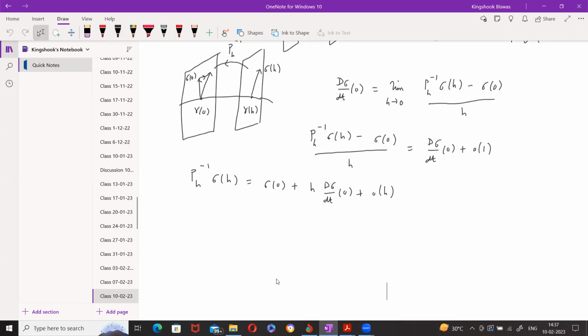So this is telling us that we can recover the covariant derivative from the parallel transport map, right?